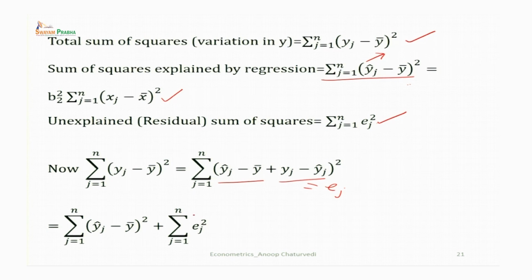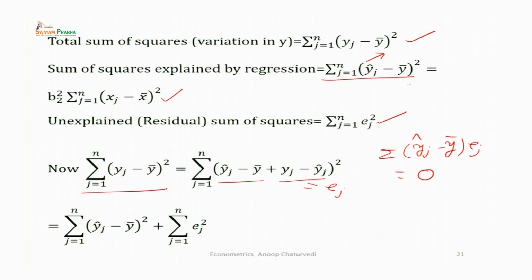Then you also get the cross product term, which we have already shown is equal to 0, that is, summation y j hat minus y bar times y j minus y j hat is equal to 0, or you can say summation y j hat minus y bar times E j is equal to 0.